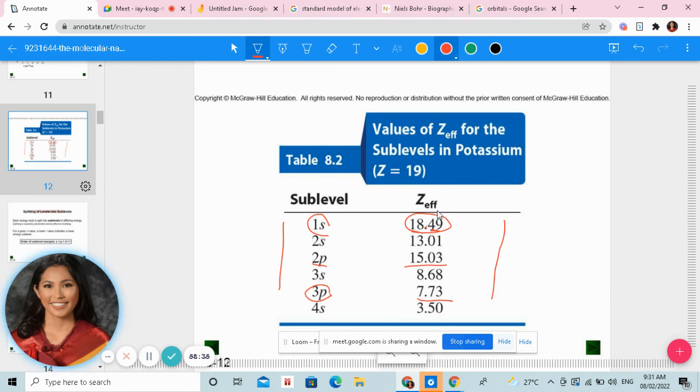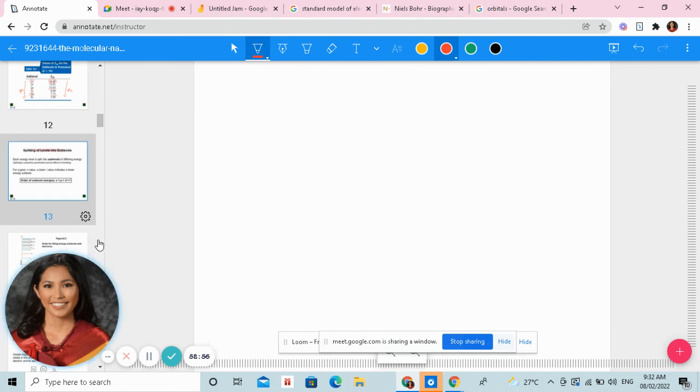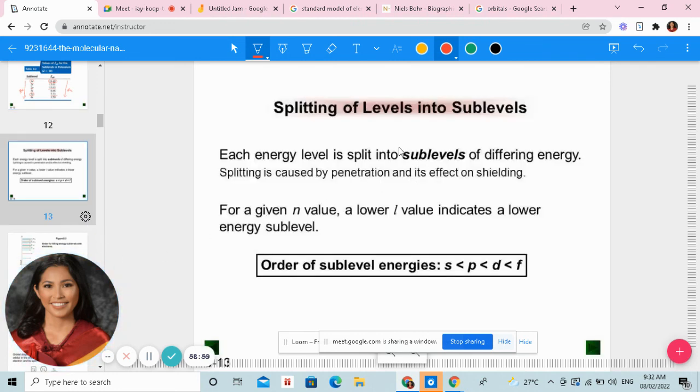So what have you observed? As the sublevel increases, your nuclear charge decreases.